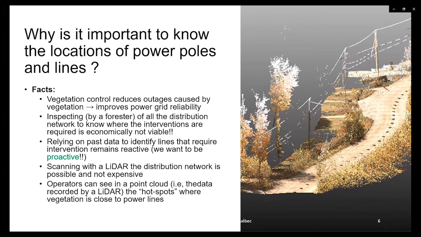With this point cloud, it's easy for a human to spot if there's vegetation close to your distribution network. So our idea is, if a human can do that, maybe an algorithm can also do the same thing. An algorithm can automatically detect the hotspots where vegetation is close to power lines. This is our main idea.